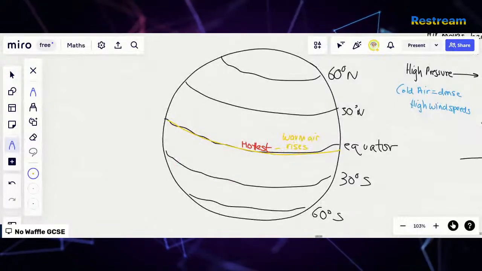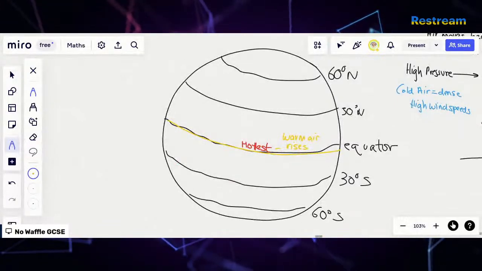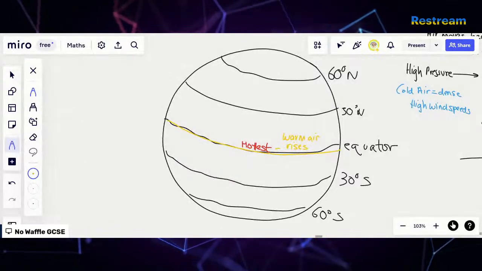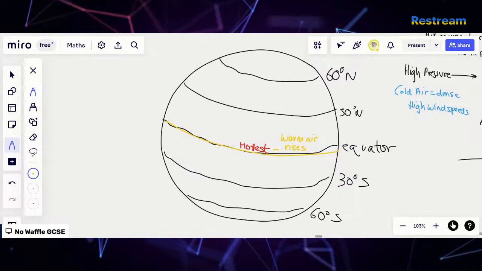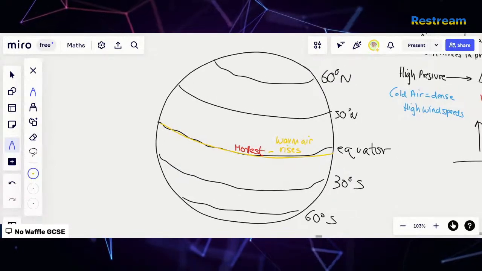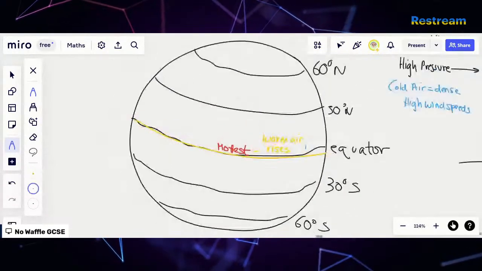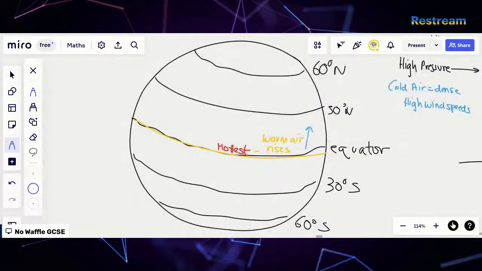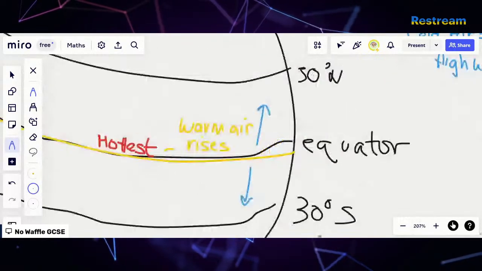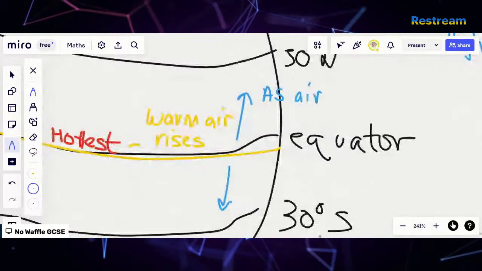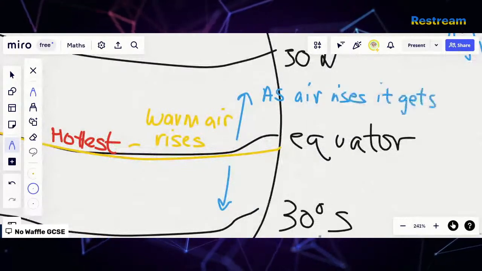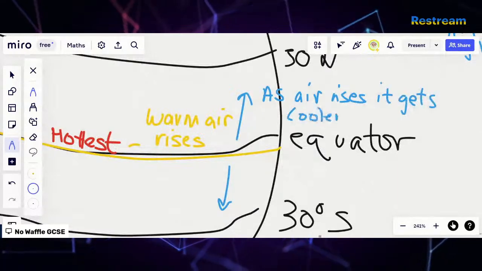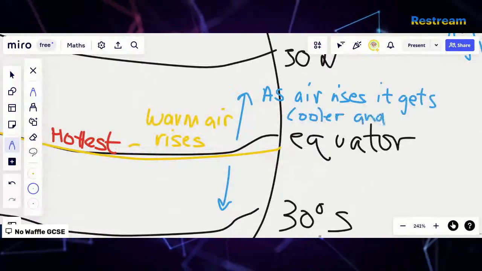The higher the air goes up, the cooler it gets, and then it moves away from the equator.